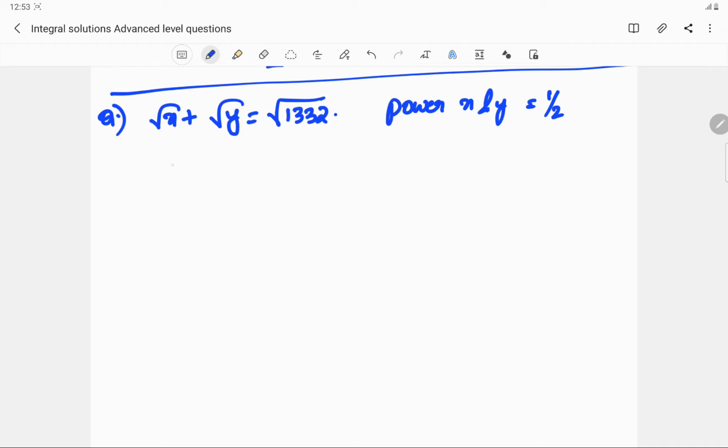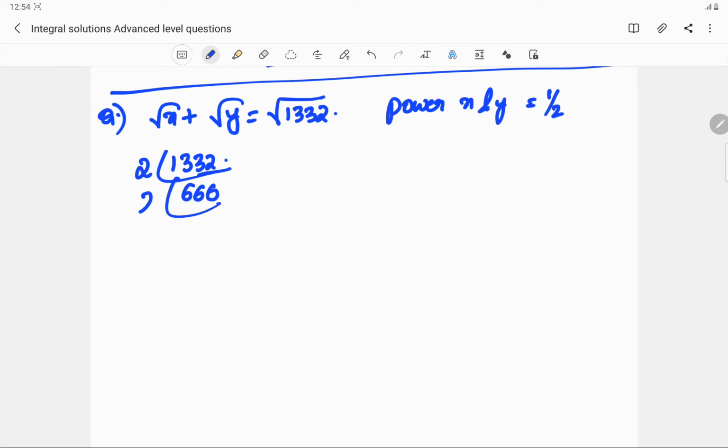Before solving this equation, let us write 1332 in terms of smaller numbers, to see if there are any squares available in 1332. So if we take 2, this is 666, this is 2, 333, this is 3, this is 111, this is again 3, this is 37.